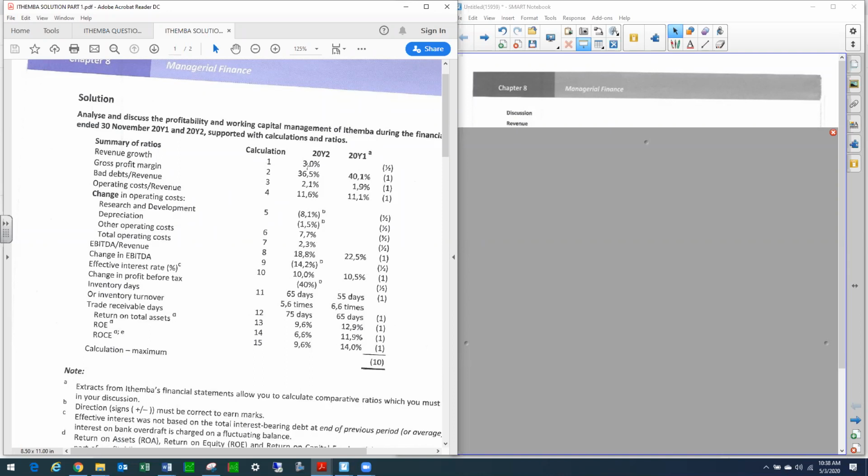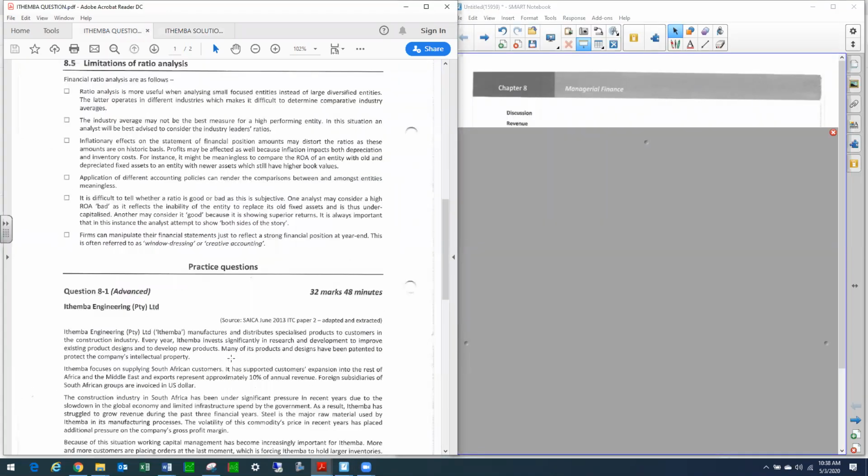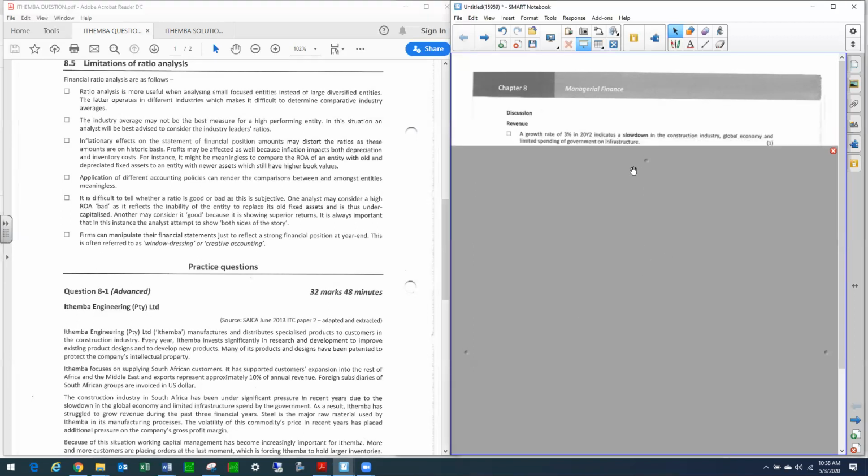What did the question say? Slowdown in the global economy and limited infrastructure spend by government. Guys, it's got worse is where the mark is. Whenever there's a highlighted thing, you get a mark for that. So it's got worse.